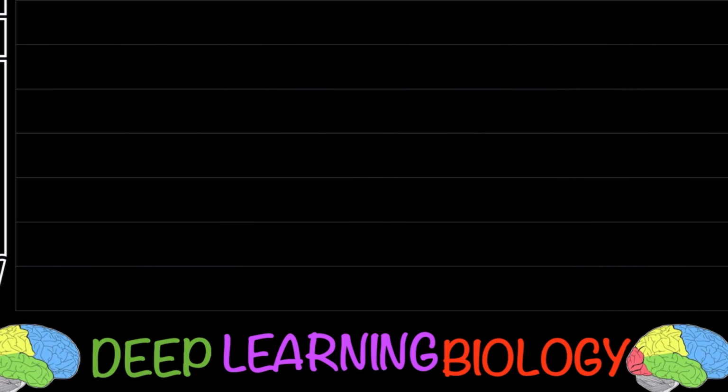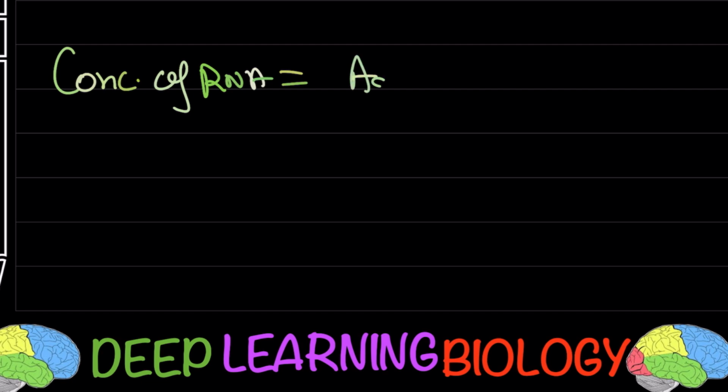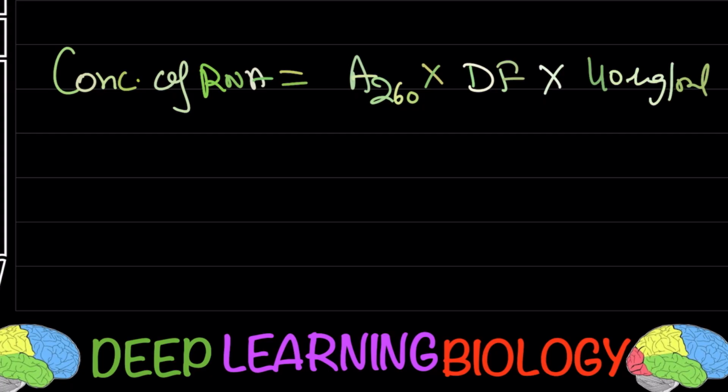Very simple now. Concentration of RNA will be absorbance at 260 multiplied by dilution factor multiplied by the conversion factor, 40 microgram per ml.